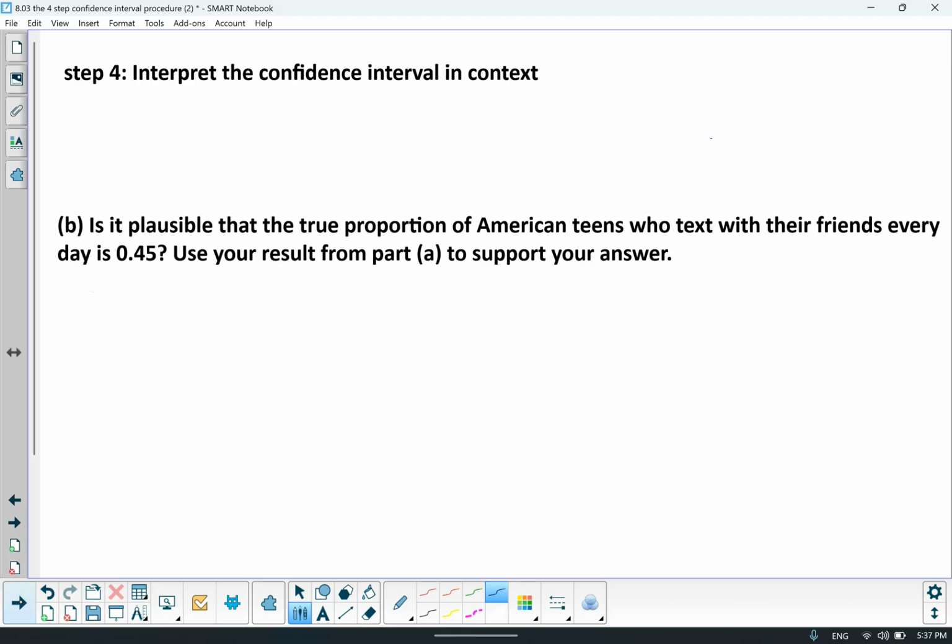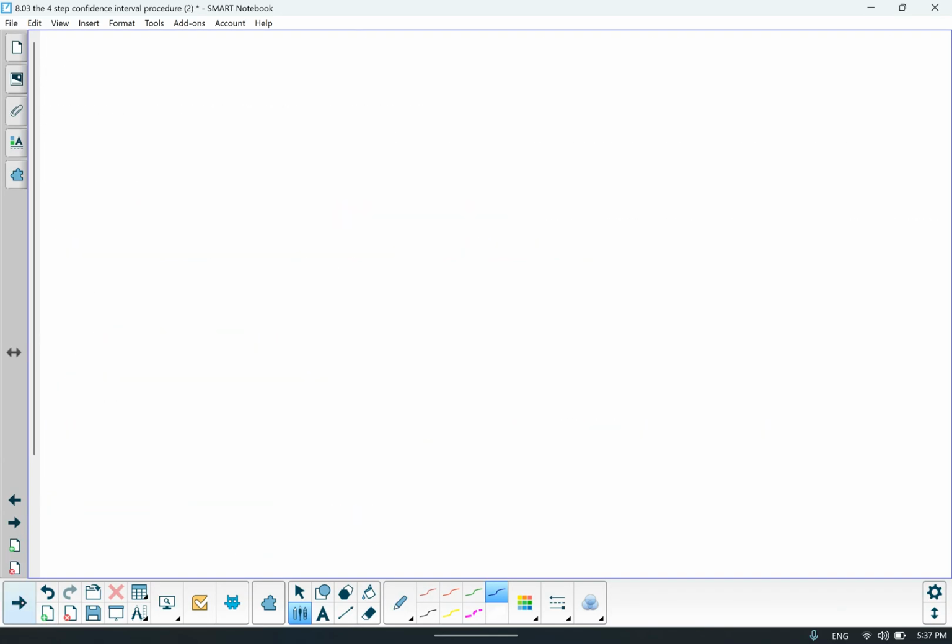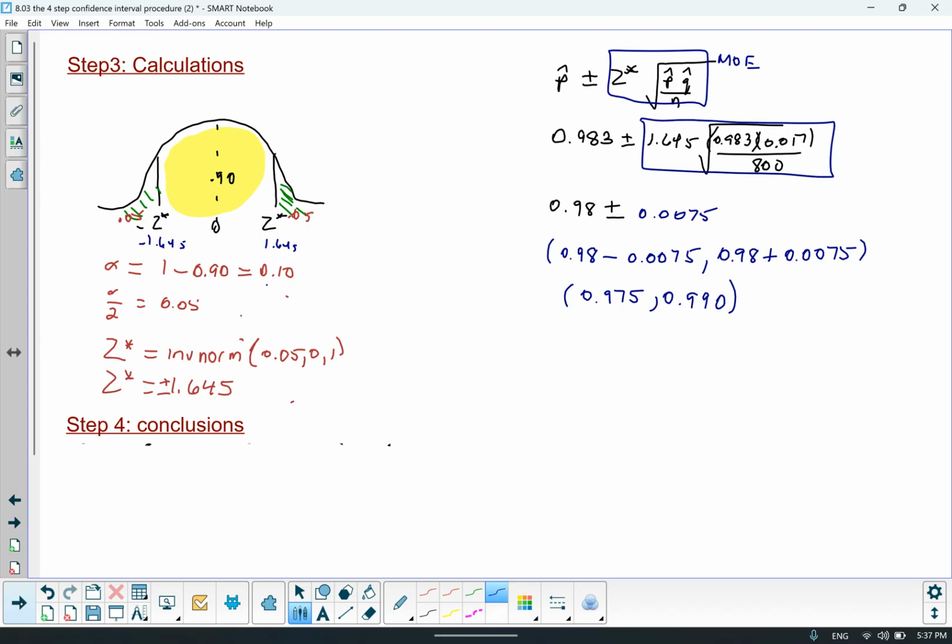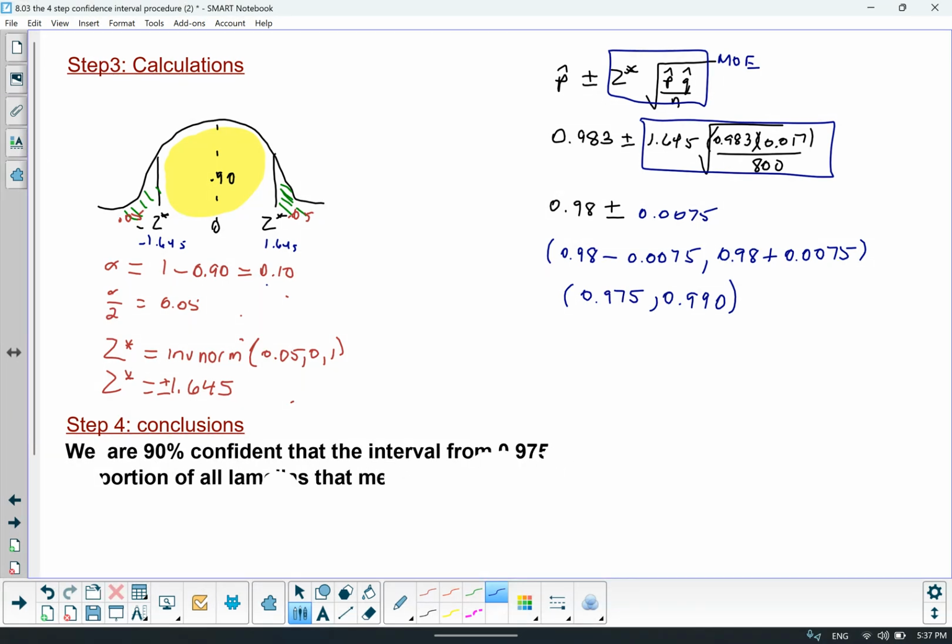So let me go back. So we're going to fill that in here. We are 90% confident that the interval from 0.975 to 0.990 captures the true proportion, and in this case, of all lamellas that meet the thickness requirement.